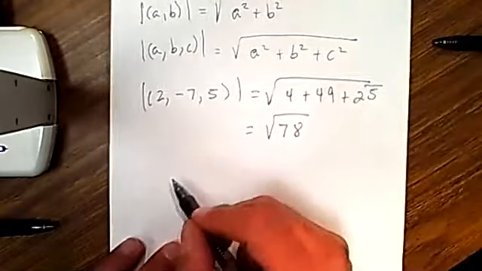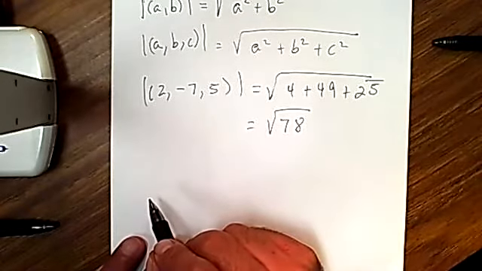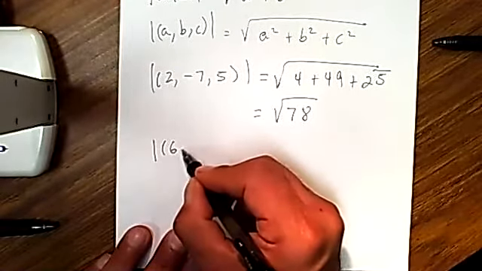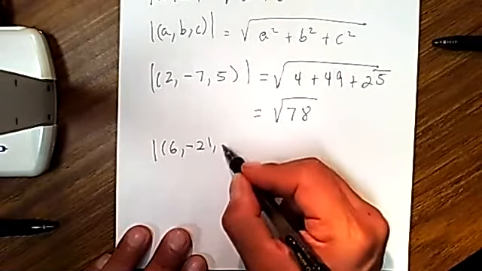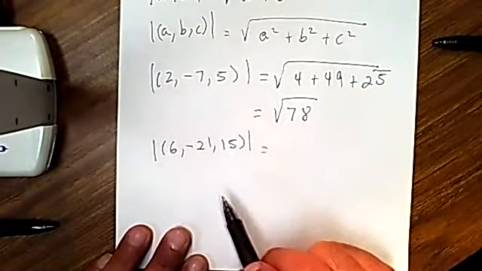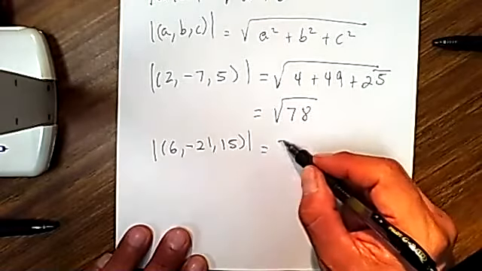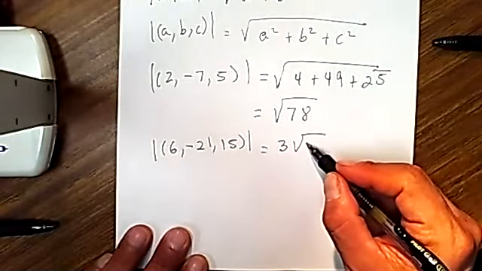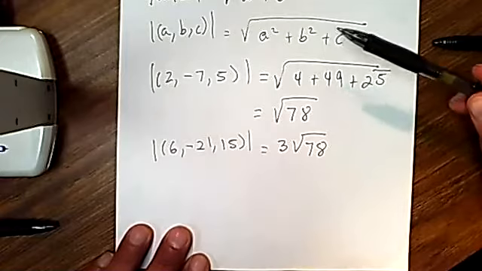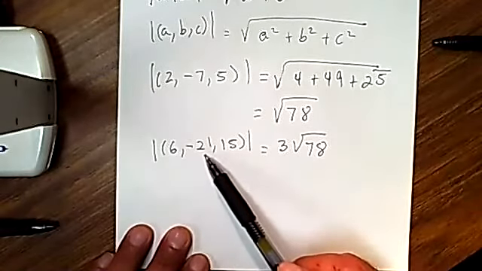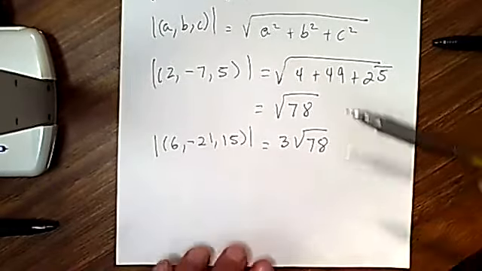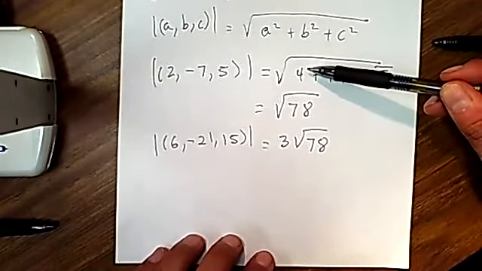And if you multiply this vector by 3, for instance, so if you have 6, -21, 15, this new vector, not the same vector, is 3 times as much as that vector, the magnitude will be 3 times the square root of 78, because the 3 embedded into each one of these coordinates will be squared as a 9.